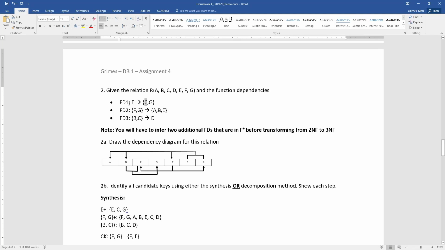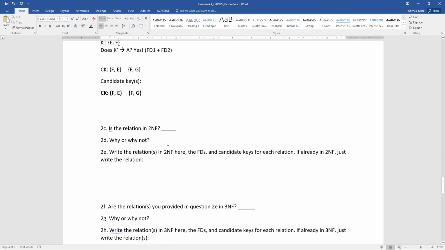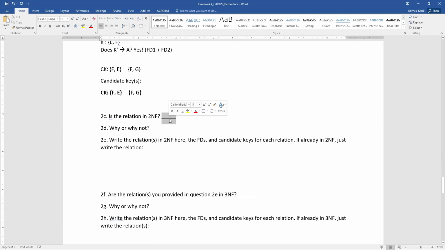This might be a little easier to see if we decompose functional dependency 1 into two functional dependencies. E determines G. This E determines G is perfectly okay from a second normal form perspective. This E determines C, however, is a problem. So we're going to say no, we are not in second normal form.